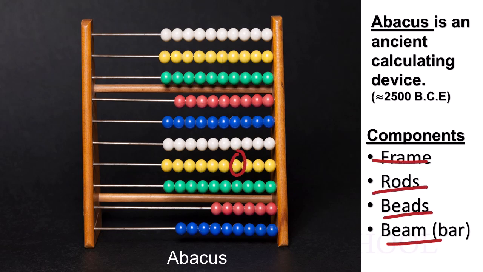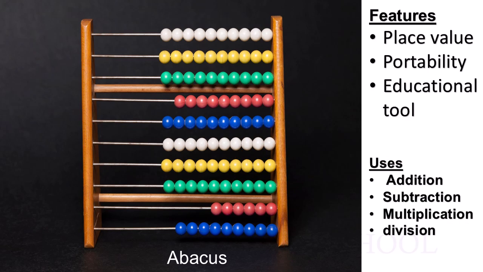These are the beads, and we can see the frame, the bar, also the beads. The beads were used as the counting element or digit, and the abacus was used based on decimal places, or place value. We have here the unit, then tens, then hundreds, and so on.